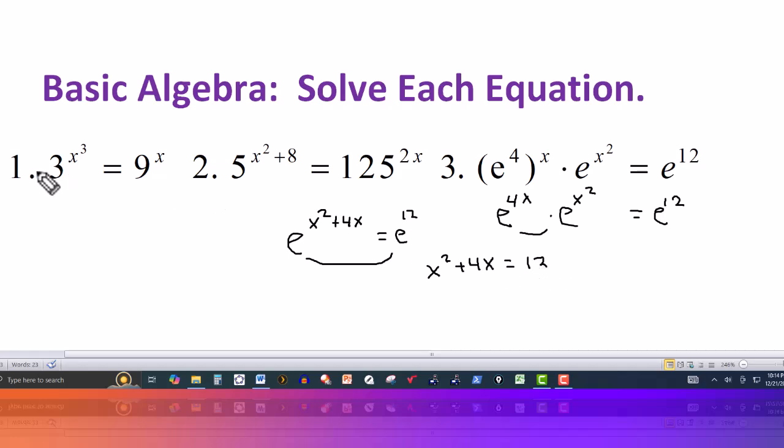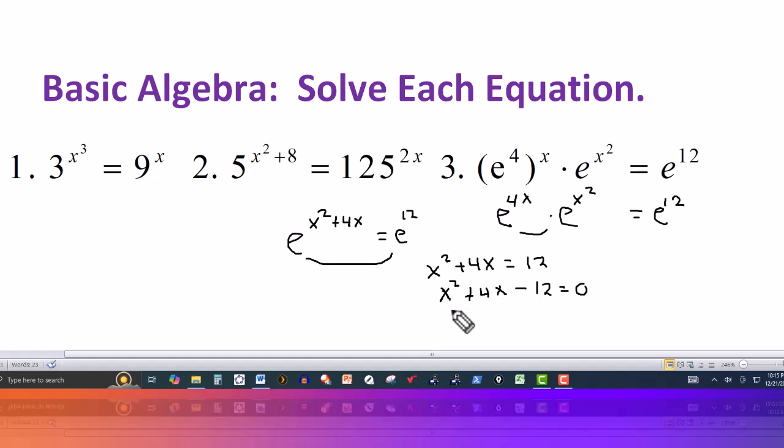On the first one we had a cubic equation, solved it by factoring. This is quadratic again. So let's rewrite it as x squared plus 4x, and bring the 12 over, make it a minus 12 equal to 0.